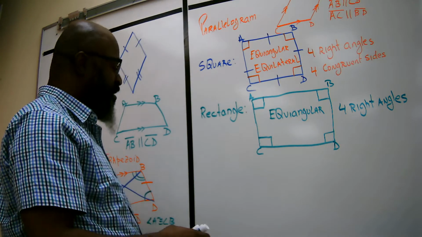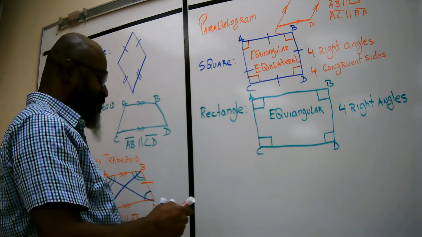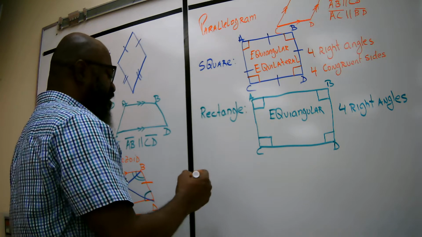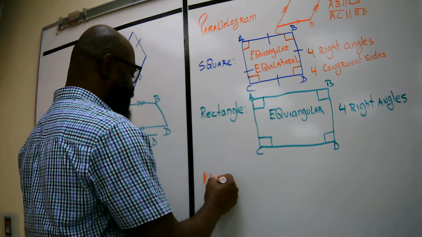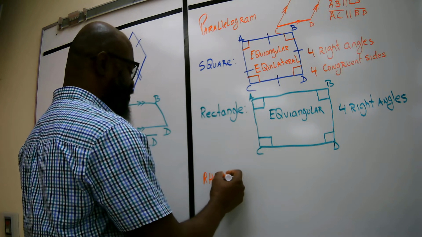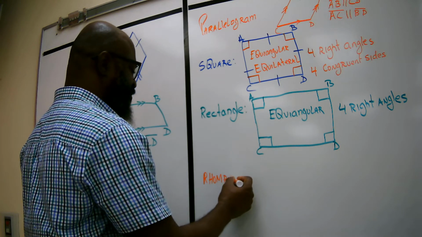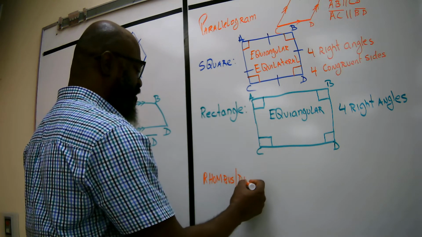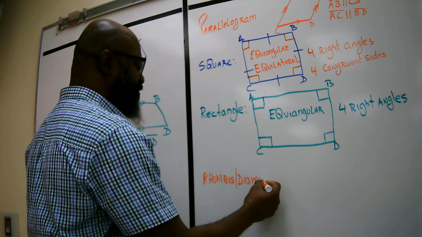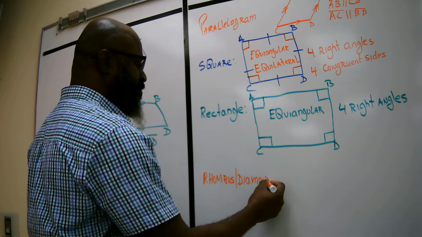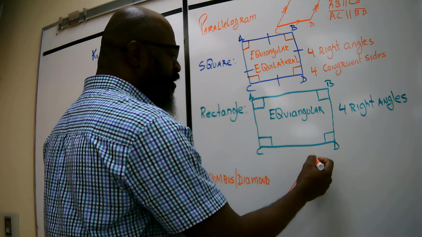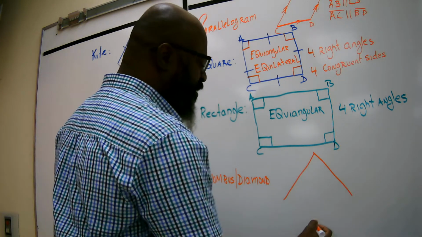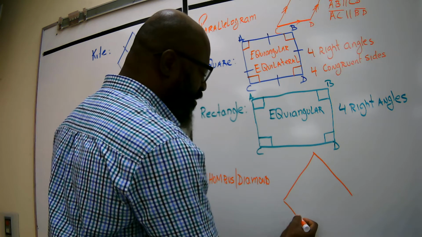And we have what you call a diamond, also called a rhombus. Same thing. Do not confuse a rhombus with a kite.